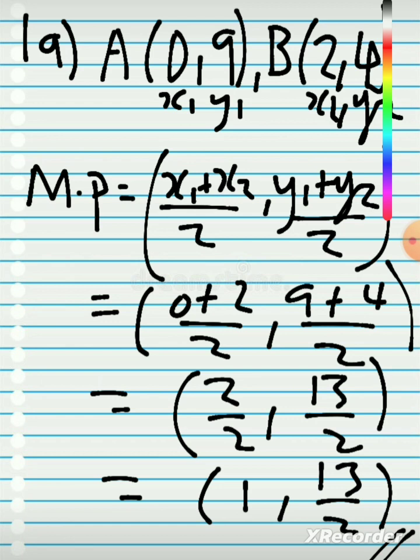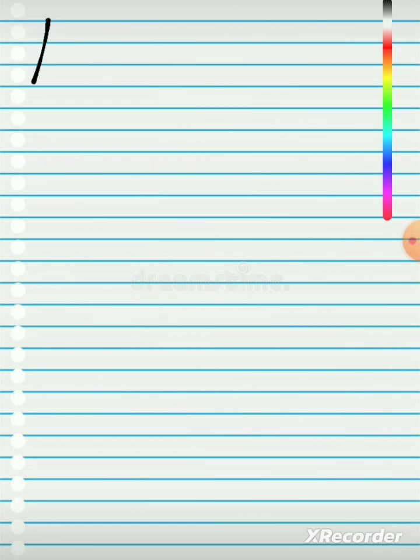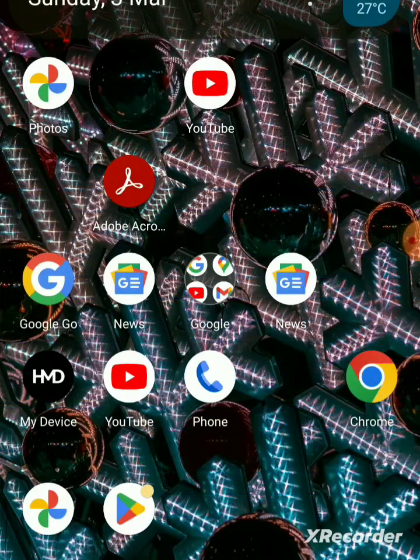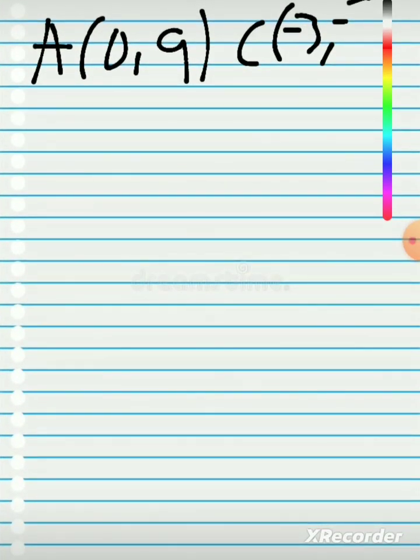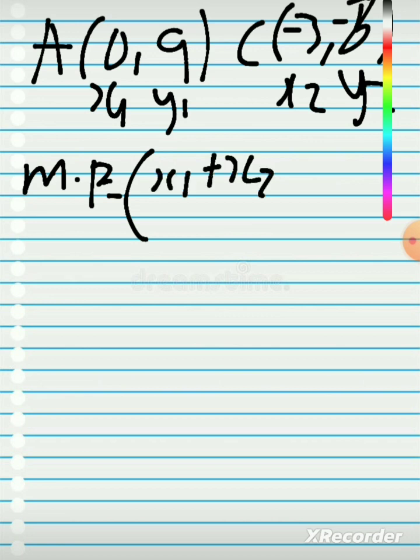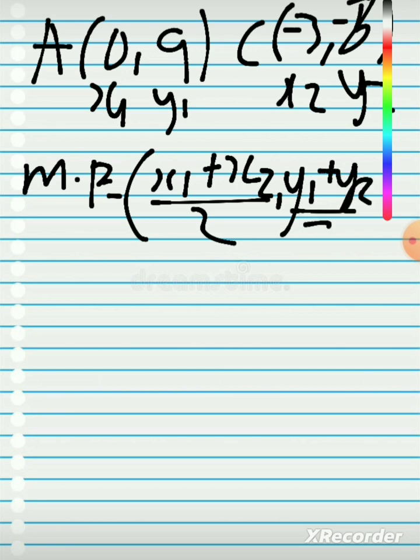Okay, we go to B, which is A and C, the midpoint of A and C. A is of course (0, 9), and C is of course (-3, -5). Okay, so this is our x1, y1, x2, y2 here. So midpoint is x1 plus x2 divided by 2, y1 plus y2 divided by 2.